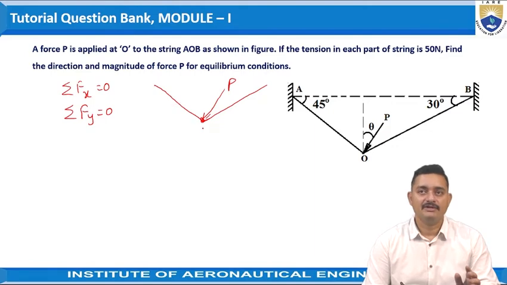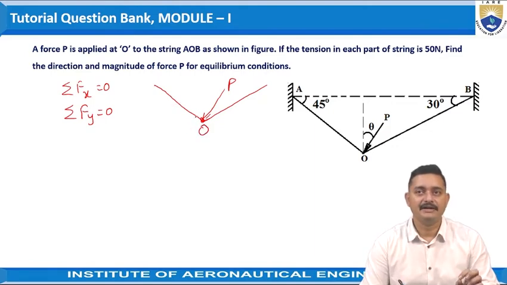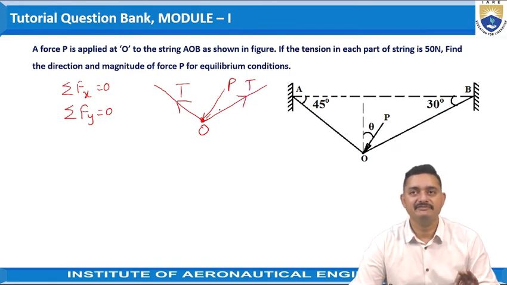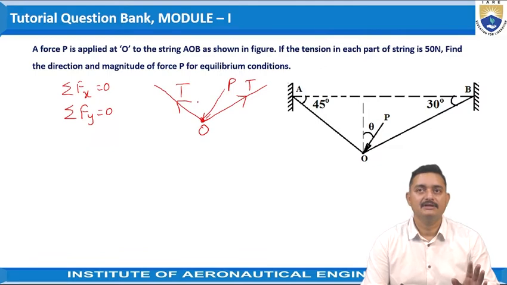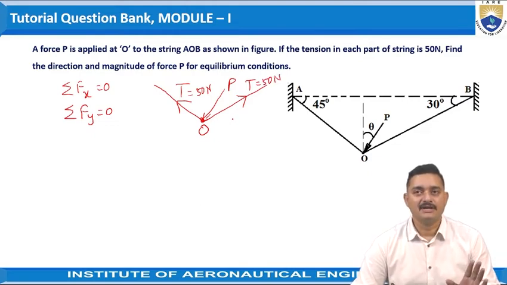If we consider this point where the force is acting, the tension is acting away from the point, and the value of tension is given as 50 newtons. The tension values on both sides of the point are the same.